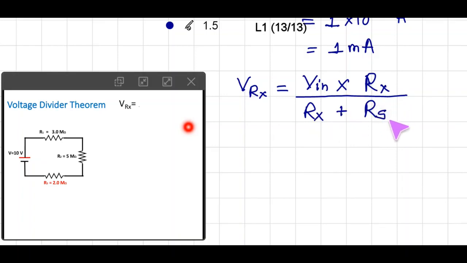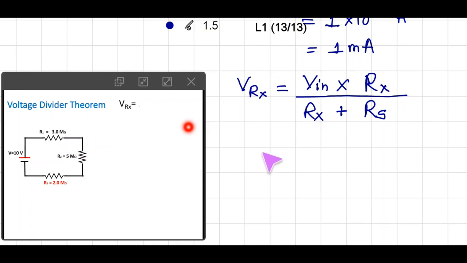Note that this Rs is the total resistance in series with Rx. So let us consider R3 is Rx. Then in this case, instead of one resistance there are R1 and R2. That means Rs is equal to 3 mega ohm plus 5 mega ohm, which comes to 8 mega ohm.